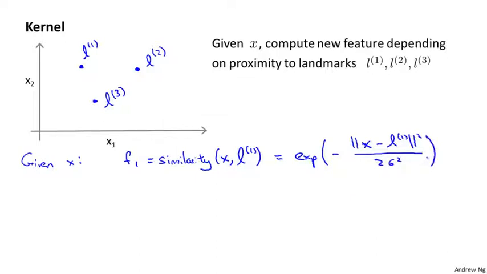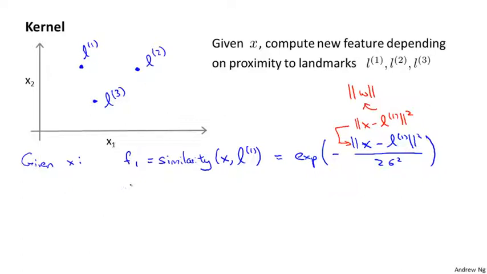So depending on whether or not you watched the previous optional video, this notation is the length of the vector. And so this thing here, this x minus L1, is actually just the Euclidean distance, squared, between the point x and the landmark L1. I'll say more about this later.